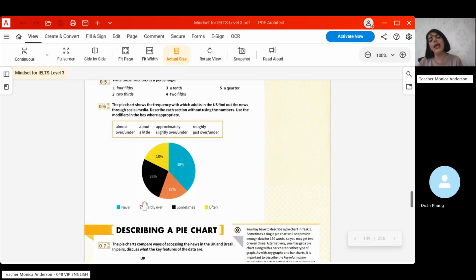If not, it's okay. For example, roughly, approximately, about, they're the same. So you can say about a quarter of people, or approximately, okay? So you can use them.